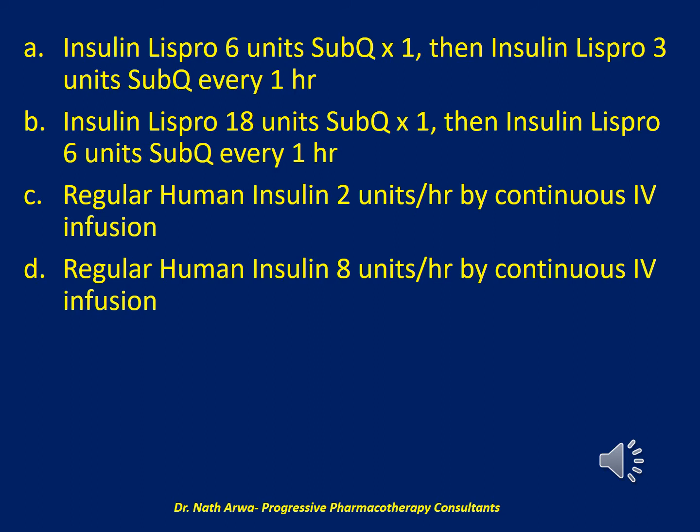Or B. Insulin Lispro 18 units subcutaneously stat, then insulin Lispro 6 units subcutaneously every 1 hour? Or C. Regular human insulin 2 units per hour by continuous IV infusion? Or would it be D. Regular human insulin 8 units per hour by continuous IV infusion? I will give you 10 seconds to choose the correct answer to this question from the listed options.